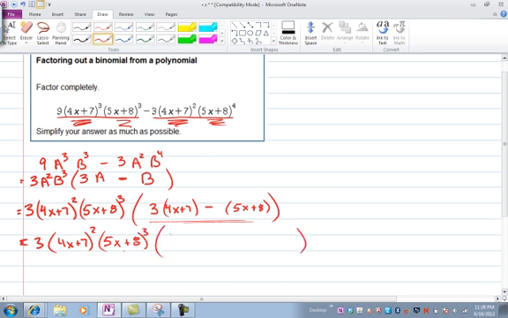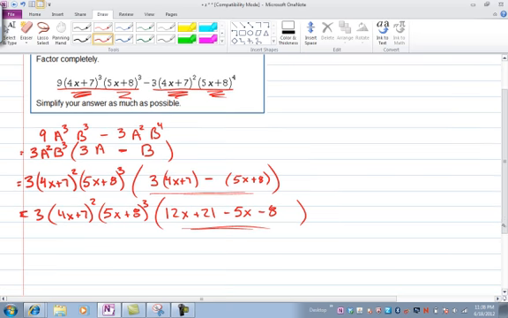And now we have 12x plus 21, distributing the 3. Now distributing the negative sign to the 5x plus 8, that becomes minus 5x minus 8. And now we have some like terms to combine inside this last pair of grouping symbols.